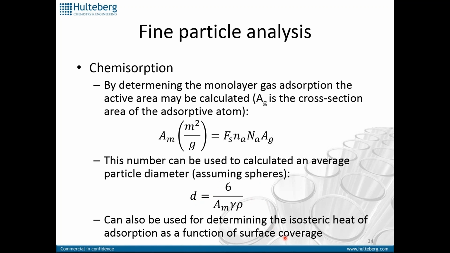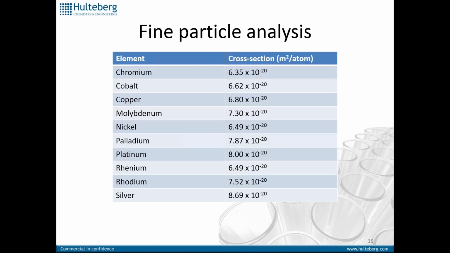We can also use it to determine heat of adsorption. Then this cross-section area depends on what type of materials we're analyzing, but in general it's somewhere between 6 and 9 square meters per atom, 10 to the power of minus 20, sorry about that. And here you have the most common culprits in catalysis.